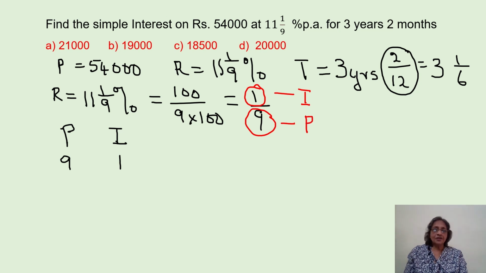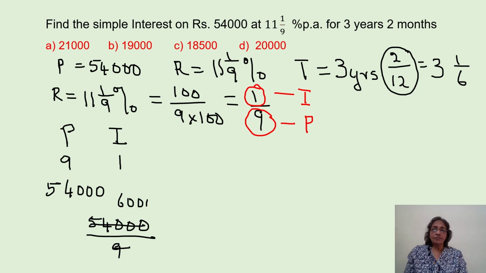Now the principal is given to you here as 54,000. So I can get the interest. Now this interest is going to be for 1 year. So 6,000 is the interest for 1 year. Now what we need to do is we need to find for 3 1/6 years. So the total simple interest would be whatever we have got here, 1 year, multiplied by this.